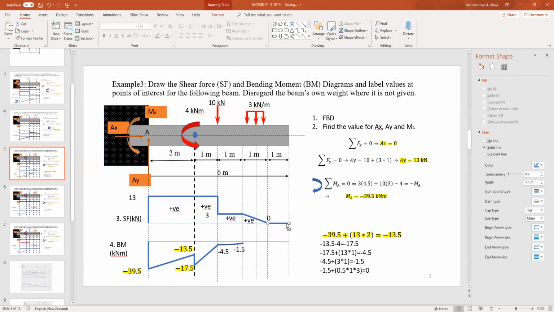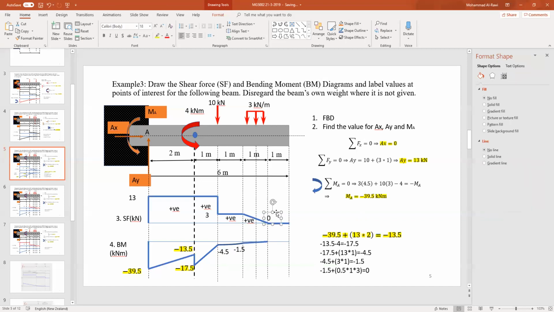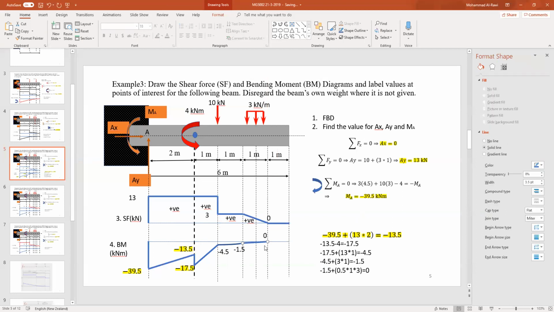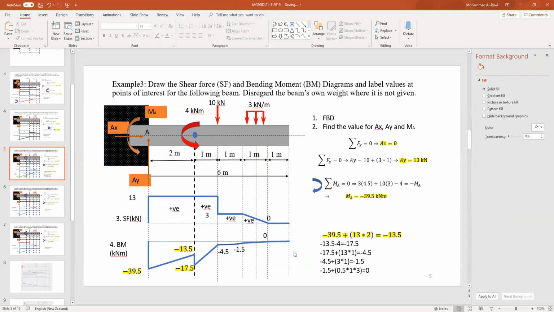So after that, from here, I need to go to 0, and that's where it will be my 0. And then from here, I will continue moving at 0. That's how the bending moment diagram looks when you have a bending moment in between them.